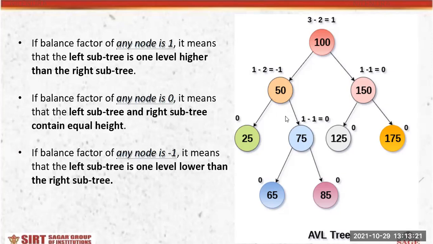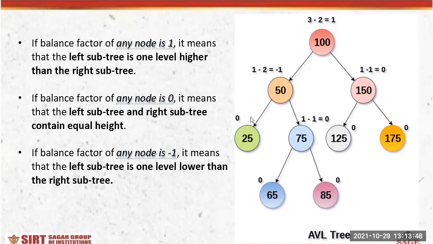If you go on doing this for each and every node, say I want to find out for 50: 50 has height 1 on the left side, and on the right side it has height 2. Basically, if I'm traveling from 85 to 75, that is the first level, and this is the second level.